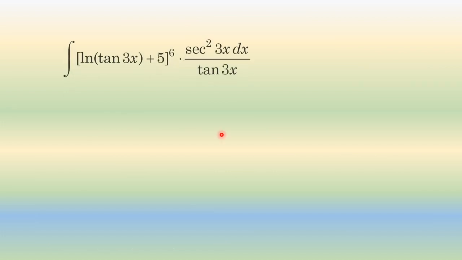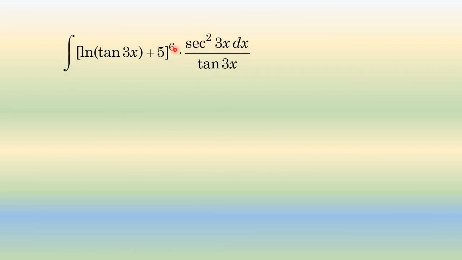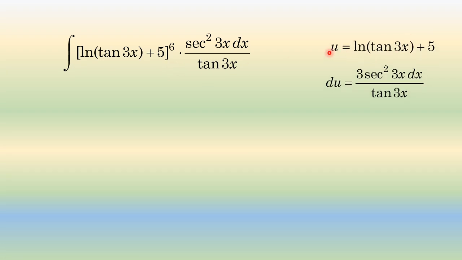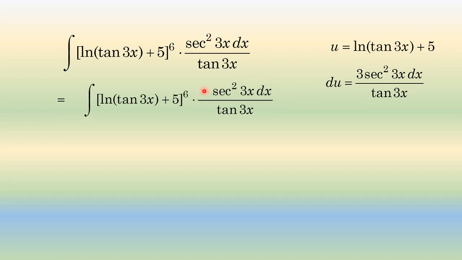So let's do that. For this integral, our u is ln of tangent 3x plus 5 when n is 6, and the differential of u is 3 secant squared 3x dx over tangent 3x. So we correct the differential. We need 3 as a factor here, and then balance outside by its reciprocal, that is 1/3.